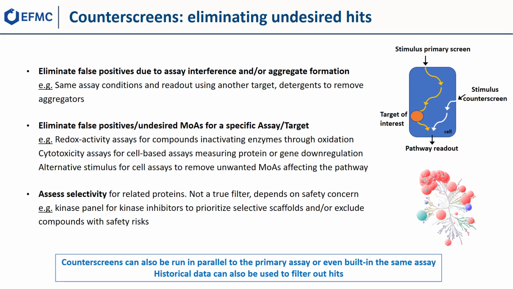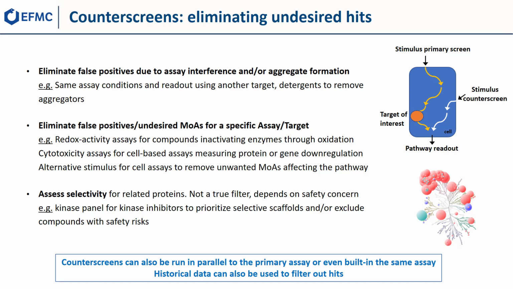So if your primary assay uses a stimulus that leads to pathway activation where your target of interest sits, you can use as a counterscreen a stimulus which will lead to the same pathway readout, but through a pathway where your target of interest is not present, meaning the compounds that you find here will not be interesting.